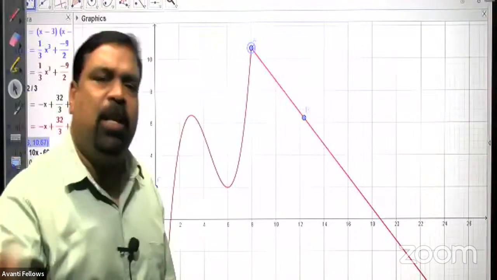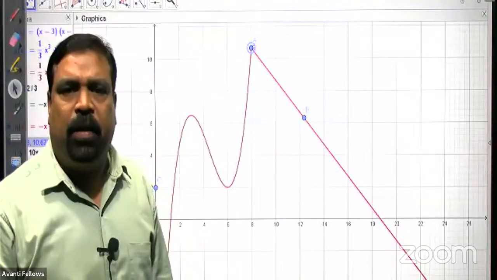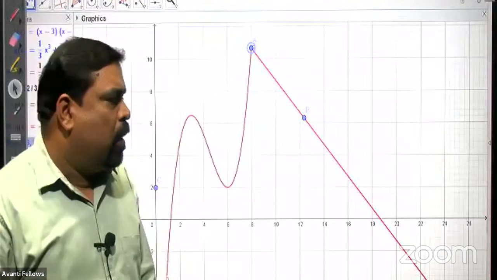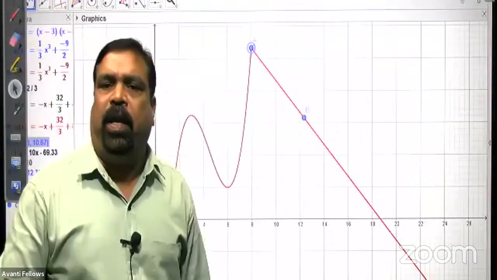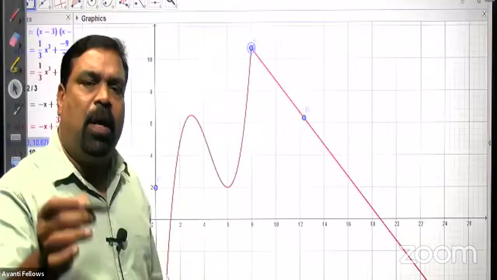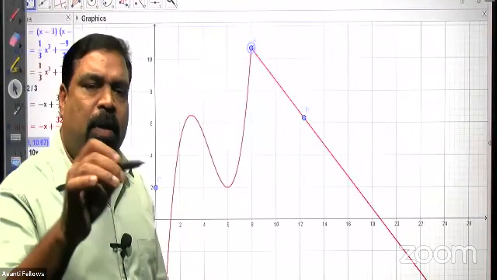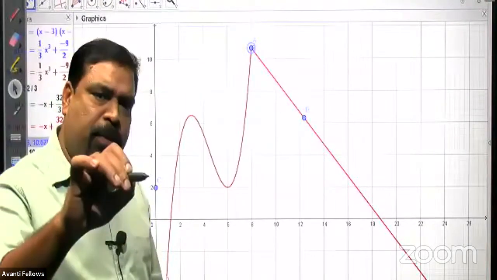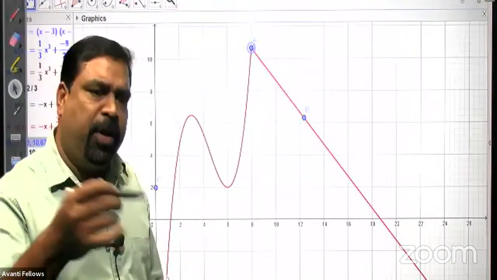How can calculus be applied here? For problem solving, we need a technique to find out the points of local maximum and local minimum. So that we are going to discuss here.